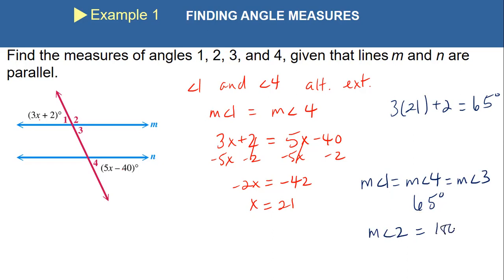And that's because we do 180 minus 65, which gives us 115. That's how you apply all the relationships. That's why I call geometry the English of math. It's way more words.